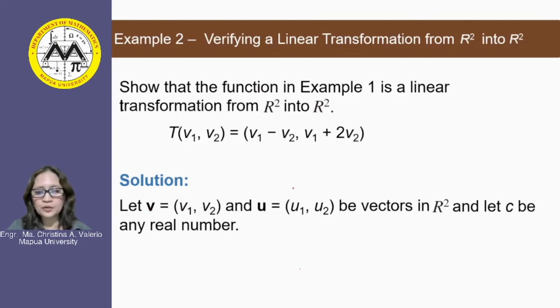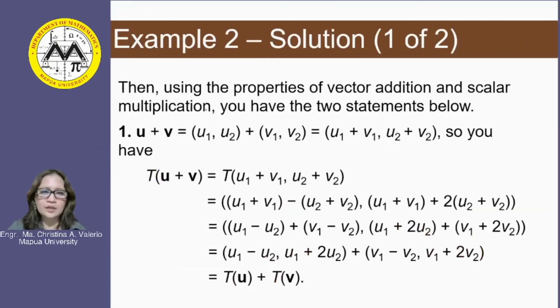Let us have two vectors. We have v, whose components are v sub 1, v sub 2, and u, whose components are u sub 1, u sub 2. So again, we will have the properties of vector addition and scalar multiplication. We use the two statements below, that is the transformation of a sum, which is given by T of (u1 plus v1, u2 plus v2).